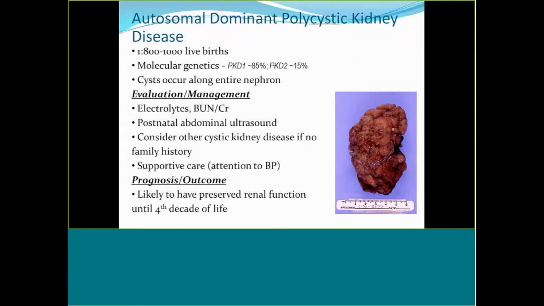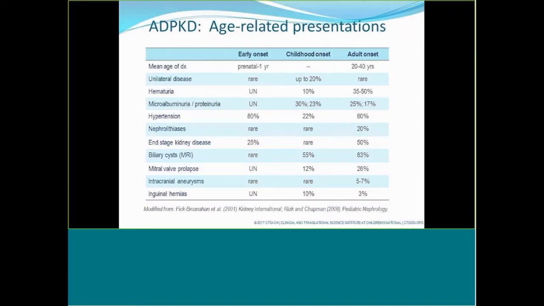But people with dominant disease are likely to have preserved function until they're in their 40s and 50s. It's unusual to see end-stage kidney disease from the dominant disease early on. So you can see the disease early on, but their function actually tends to be okay for quite a while.